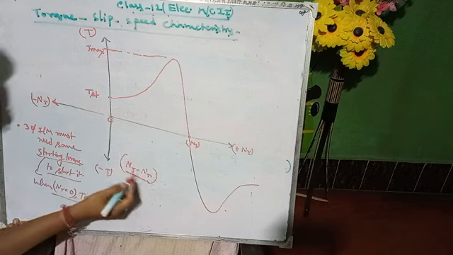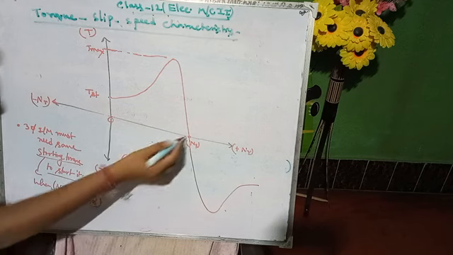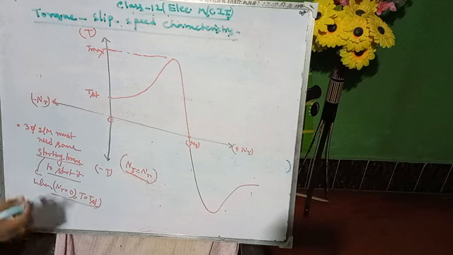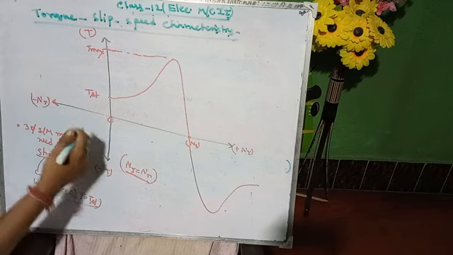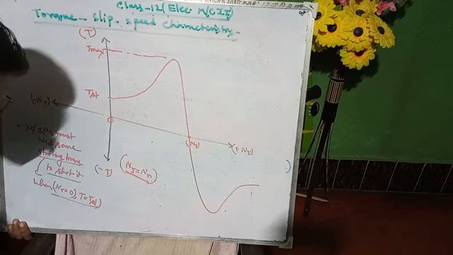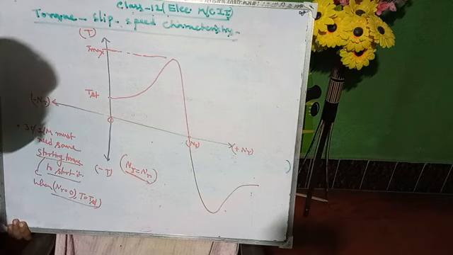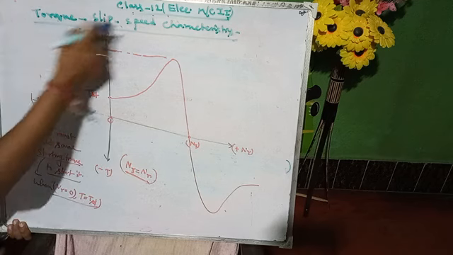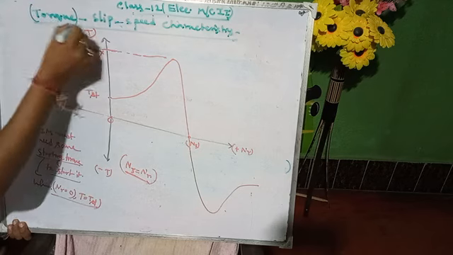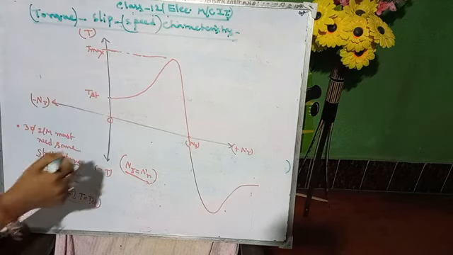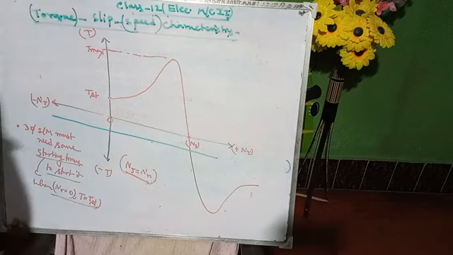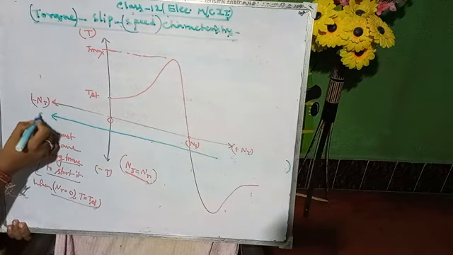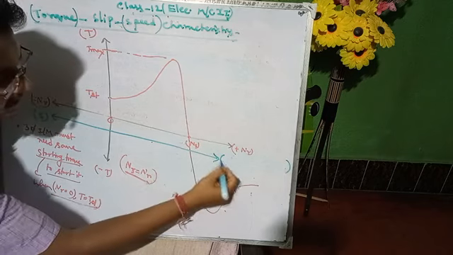After that, when ns equals nr, then torque will be 0, but then the speed will be maximum. Now I am entering the torque slip speed characteristics, so torque and speed are coming in here, and I am introducing another axis, where positive slip is over here and negative slip over here.